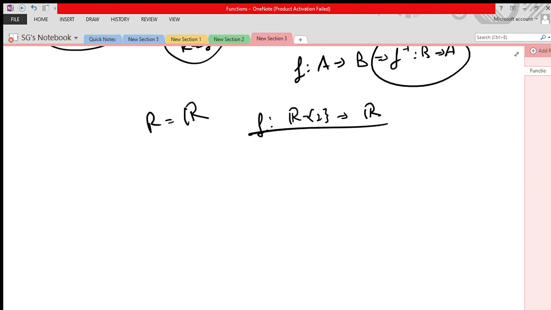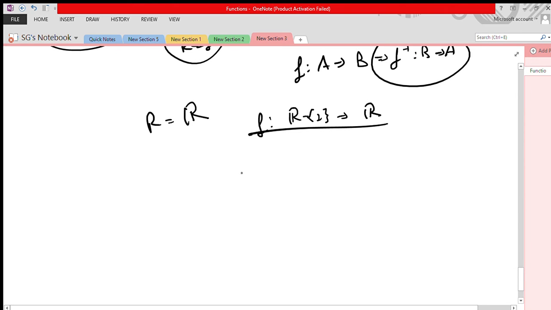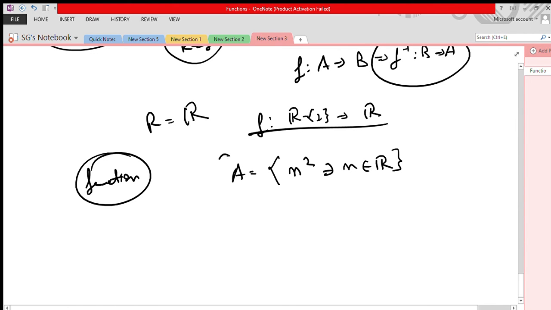For example, say you are given a set A where you have the elements n squared, such that n belongs to all real numbers. You need to show a function which maps its elements to the set A.